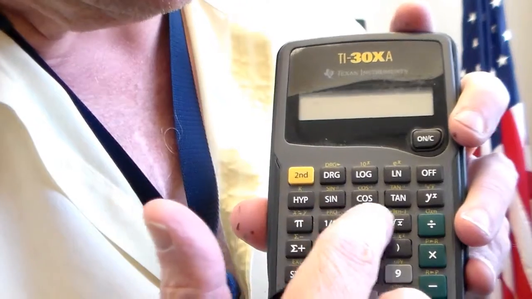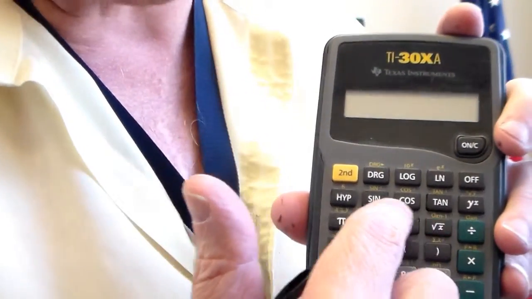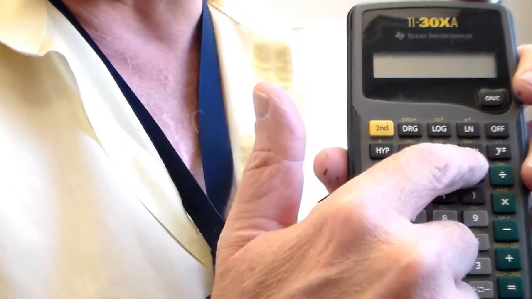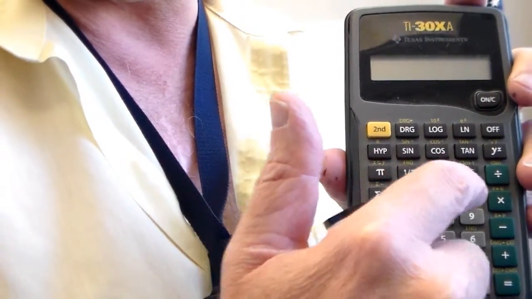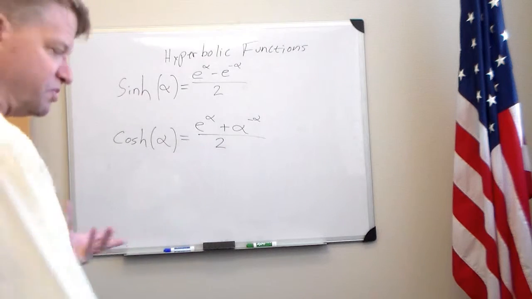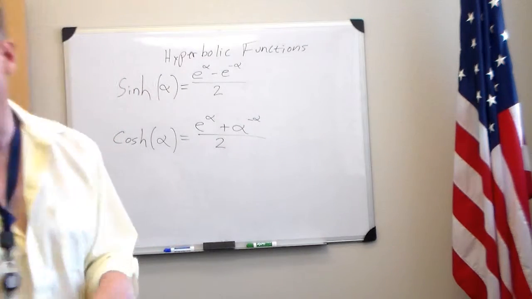I can't tell if you can see it or not. But most higher end calculators will have a regular sine, cosine, tangent, and then very near there's going to be a second set that is sine h, cosine h, tangent h. And what you're going to find is, until you get into high level physics, you're not going to use this, except in math problems and books like this. And that's about it.